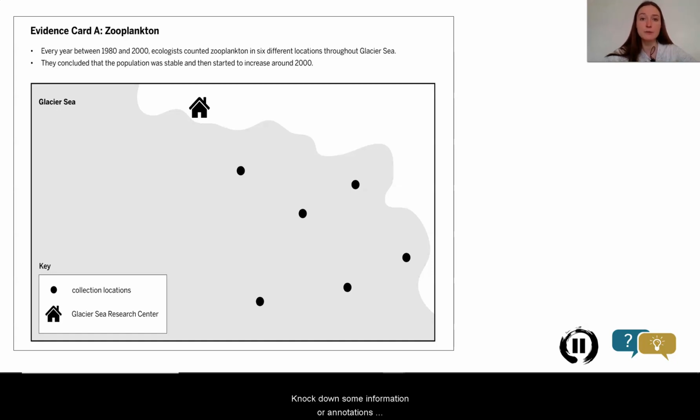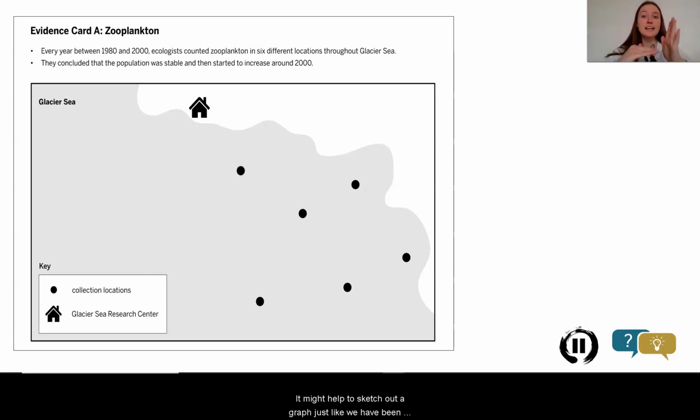Jot down some information or annotations about what you're seeing. Does it seem like a reliable piece of evidence? Remember that our evidence criterion for population sampling is that the samples represent as much of the whole as possible. Also, look for information about what is happening to the populations based on the evidence.